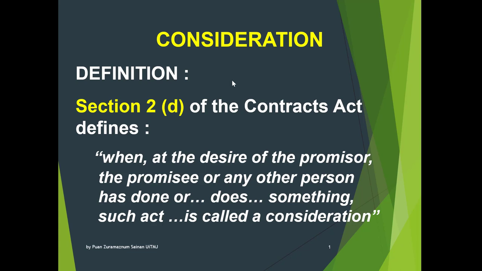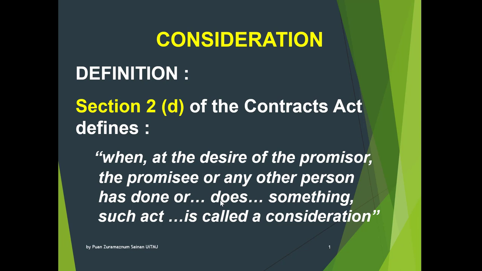Now we come to the third element for the formation of a valid binding contract, that is consideration. Consideration is defined under Section 2(d) of the Contracts Act 1950, saying that when, at the desire of the promisor, the promisee or any other person has done or does something, such act of that promisee is called a consideration.